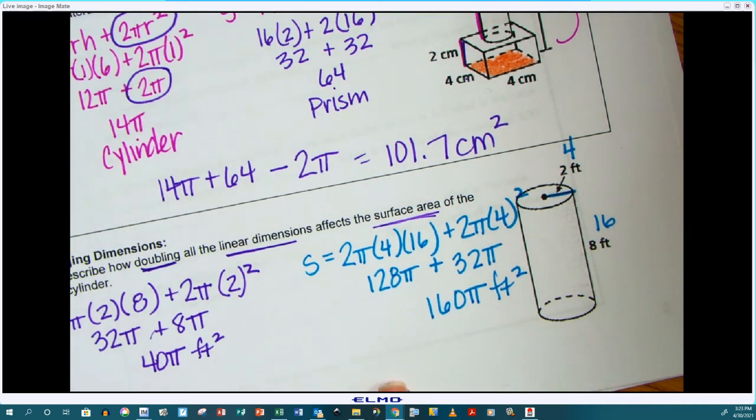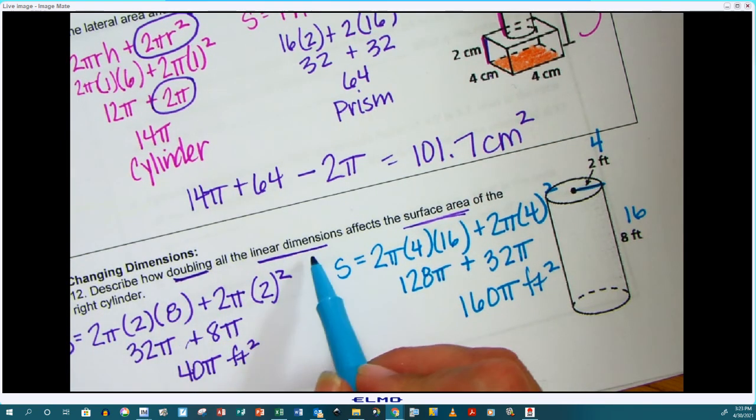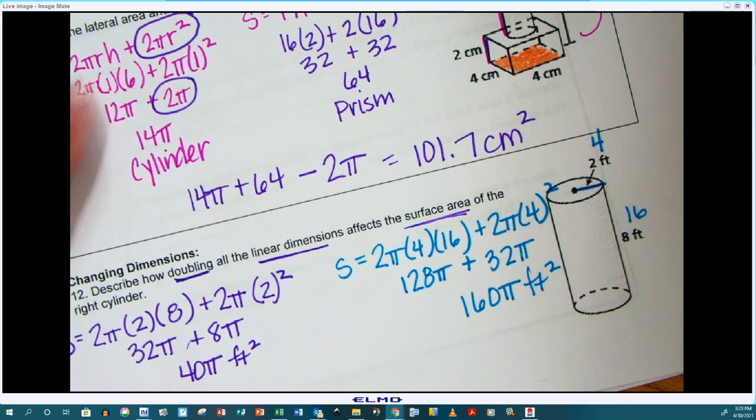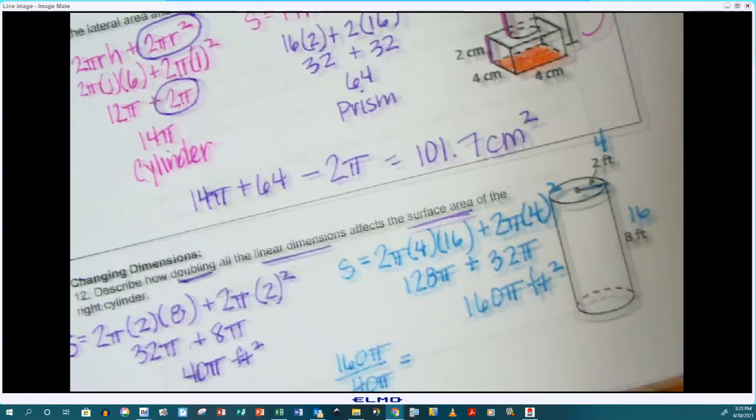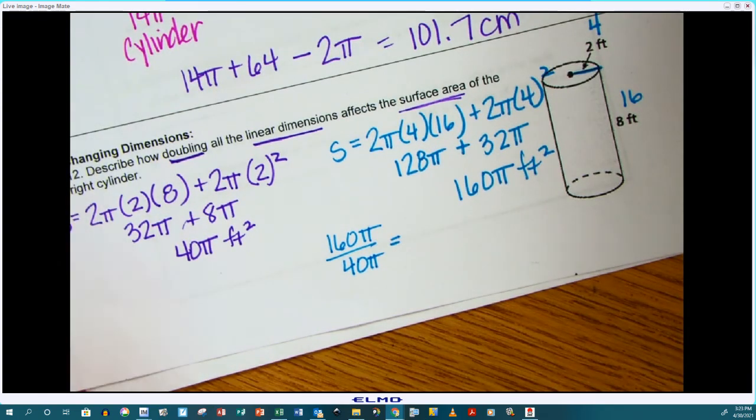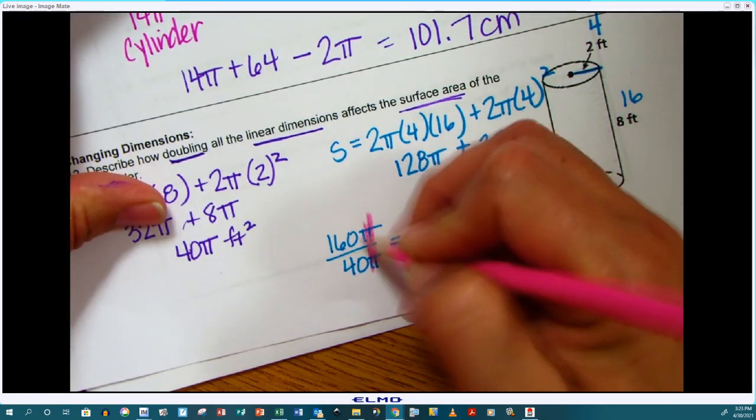So obviously, if the dimensions became a bigger number, then the area became a bigger number also, right? But how much bigger? Because it wants to know how. Okay, so this is what you do. You take the 2 and you divide them into each other. So the pi's cancel.